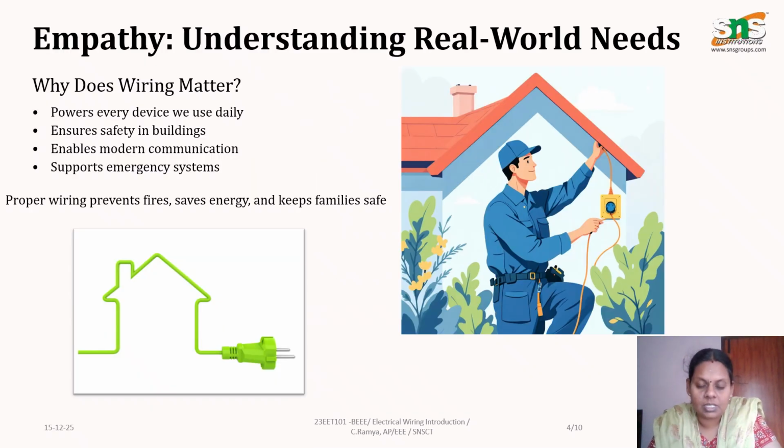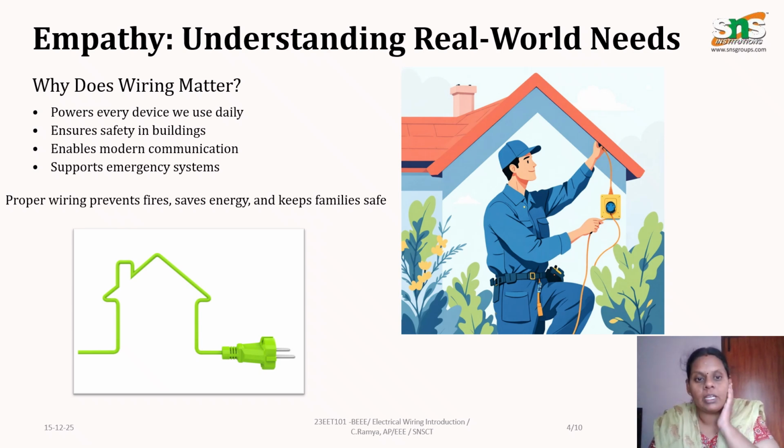Next, we are going to discuss why this wiring matters. We all know electrical wiring plays a vital role in our daily life. It powers all our devices, from lights and fans to computers as well as medical equipment.